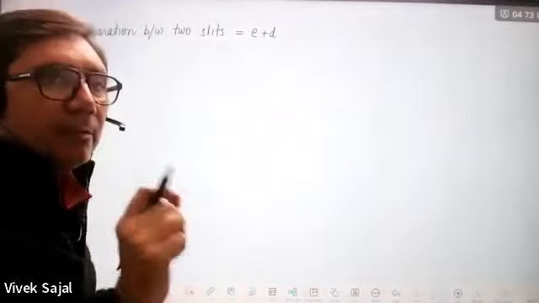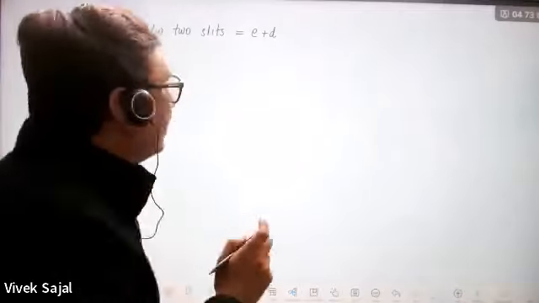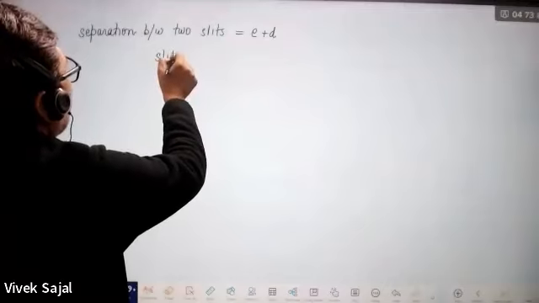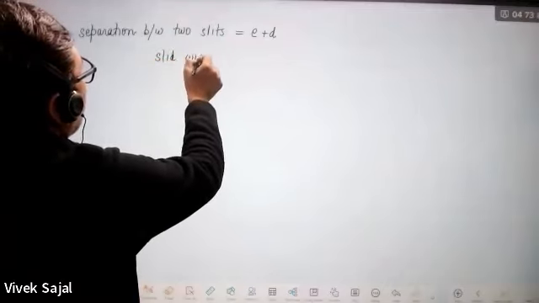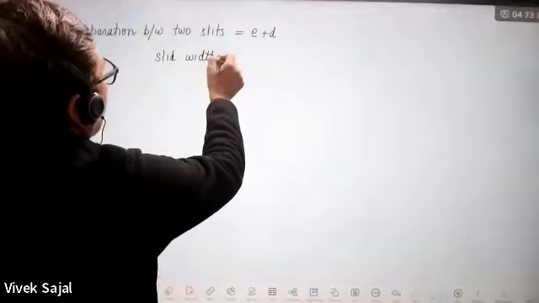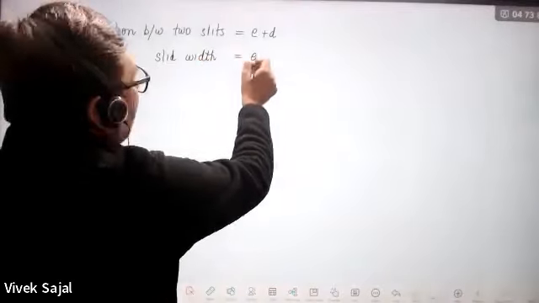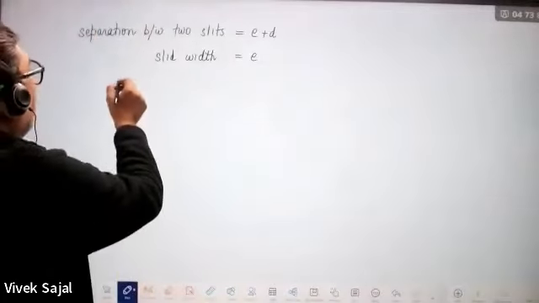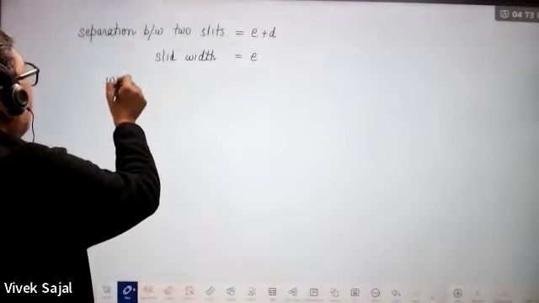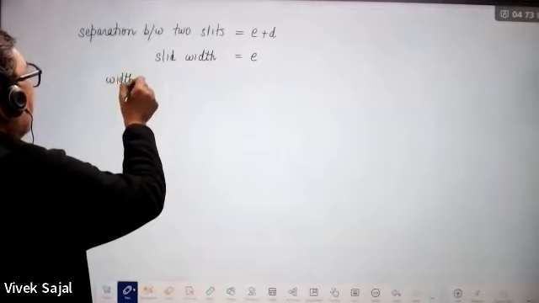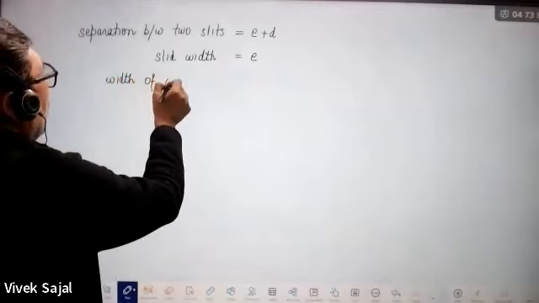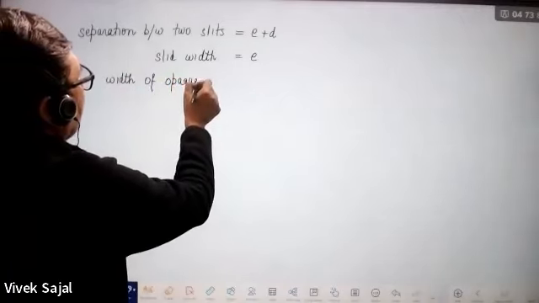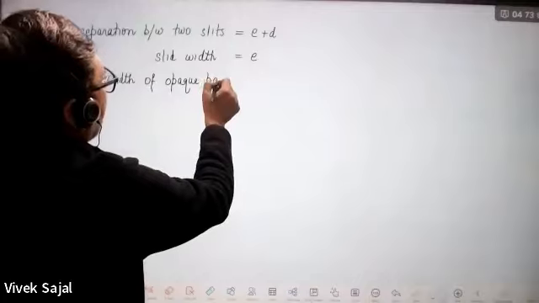If he provides you the width of the slit, then it will be E. Slit width is equal to E. And if he says the width of the opaque part, then this will be D. Remember this terminology. Width of opaque space, that is D.